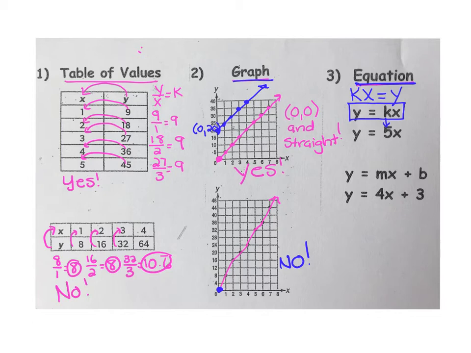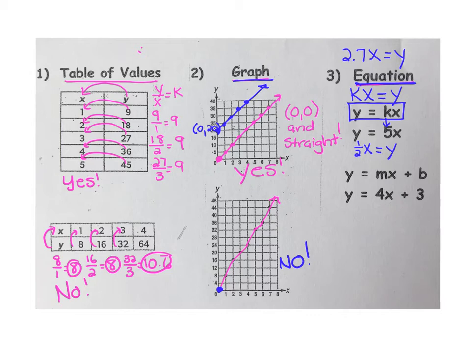It can look like that. It can look like 1/2 times x equals y. That's a proportional relationship. There can even be a decimal, and it can look like this. 2.7 times x equals y.